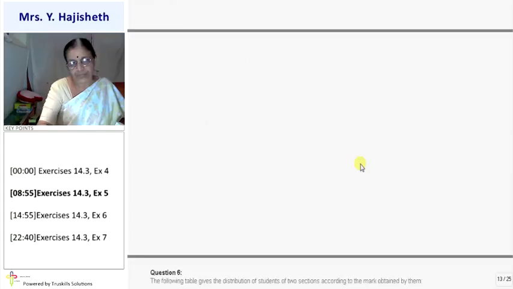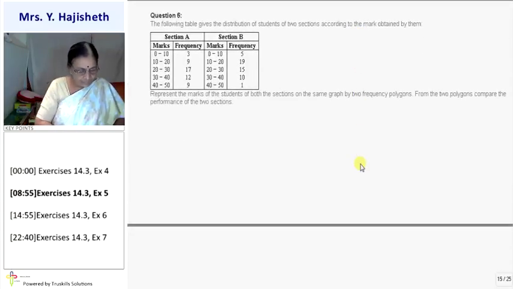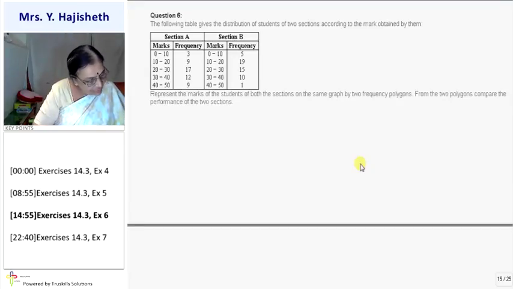Now see the sixth sum. The sum is: you are given the following table giving the distribution of students of two sections according to the marks obtained by them.